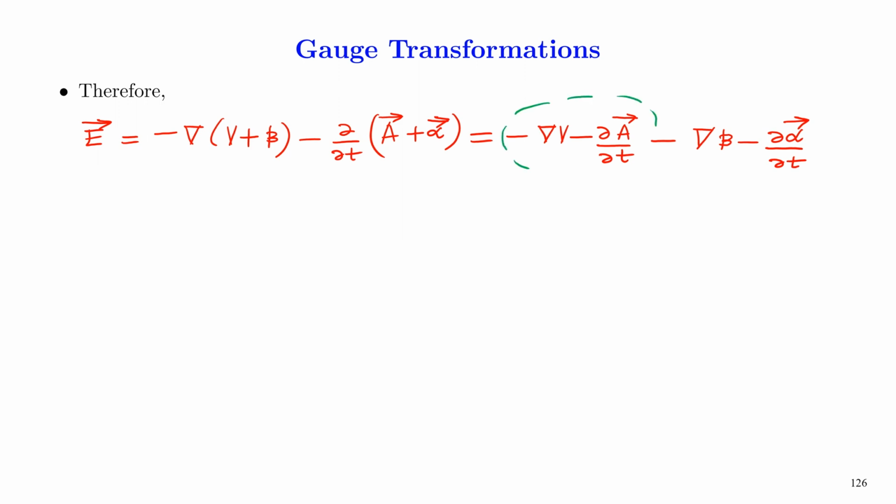But this quantity is nothing but the electric field intensity E. This implies that negative of del beta minus dou alpha over dou t equals 0.